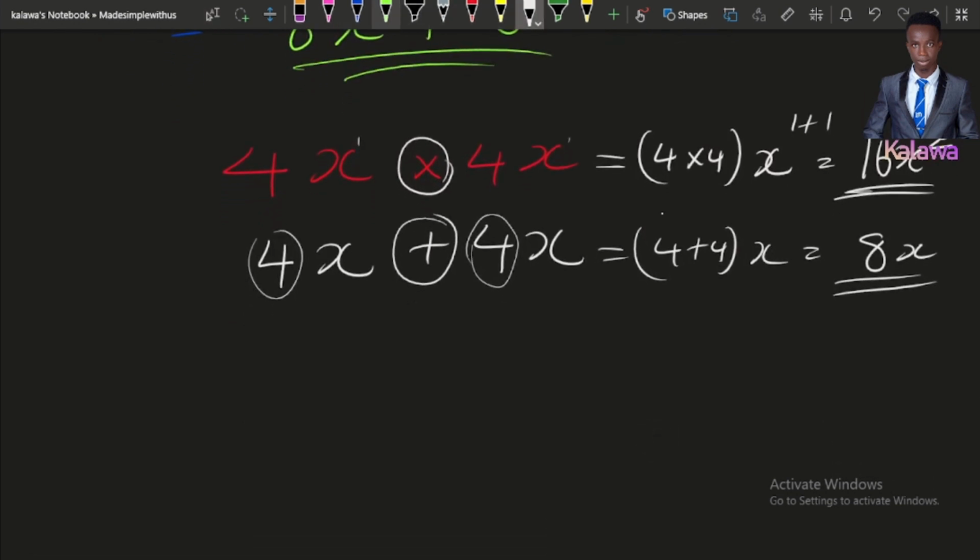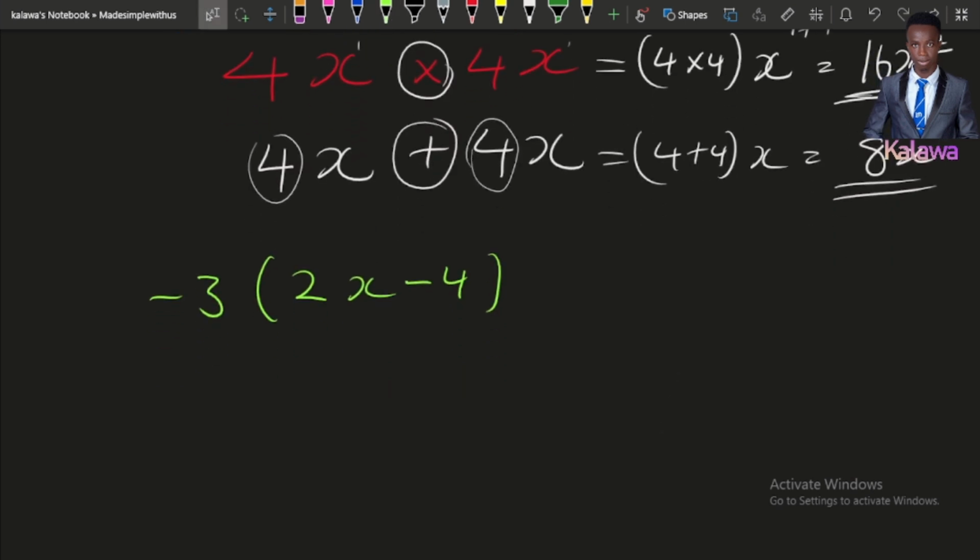Let me take another example. Let's say again we have minus 3 into 2x minus 4. So how do we go about this again? Remember the sign here, we have minus 3. So whatever you are doing, you are considering the sign. So we go minus 3 times 2.